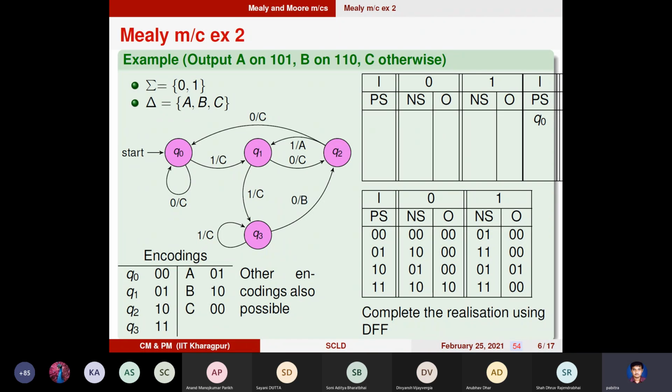We can have 0 or 1. So I am at Q1. At Q1, I can either get a 0. After 1, if I get a 0, I'm still at C. I have not seen all 3.